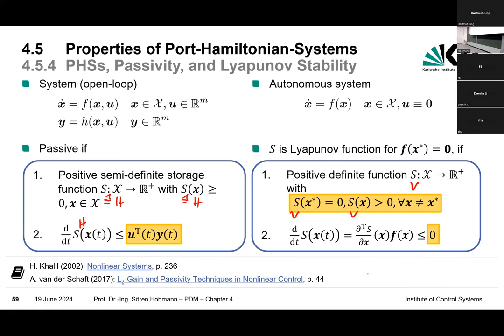So that's interesting. What we see here is so-called dissipativity theory, which is closely linked but not equal to the Lyapunov theory or nonlinear theory. So there's a connection to the Lyapunov theory. What is important?